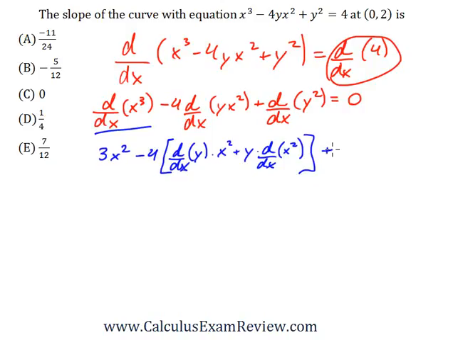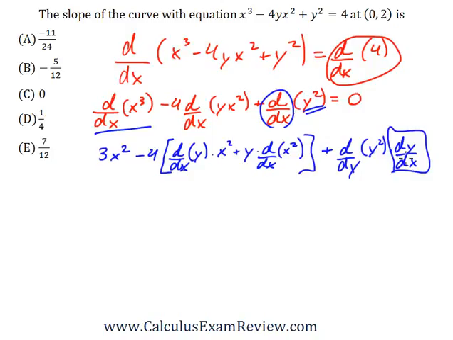Okay? Plus then, the derivative d/dx of y squared. What happens here is that we go d/dy of y squared times dy/dx. Right? So we get stuck with the dy/dx here, and we can just take the derivative.